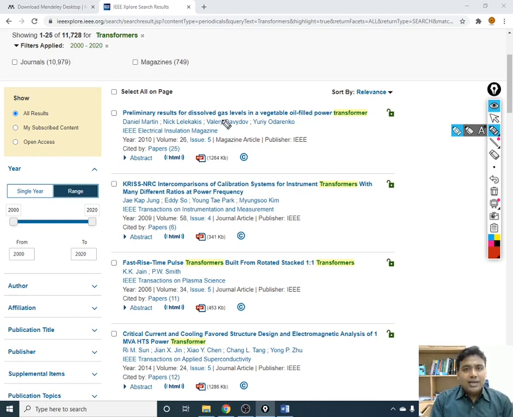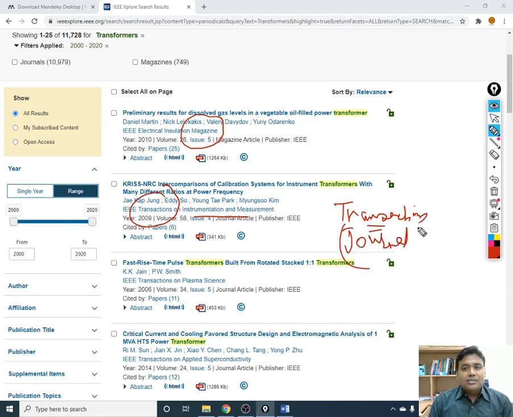Here you can see that it is written as magazine, and here it is written as transactions on instrumentation and measurement. So when a transaction is written, then it means that it is a journal paper. And when it is written magazine, that is also considered to be a journal.